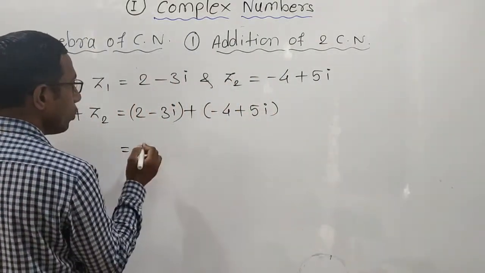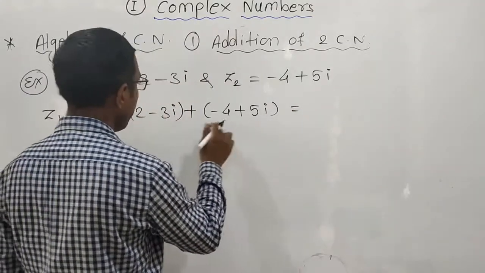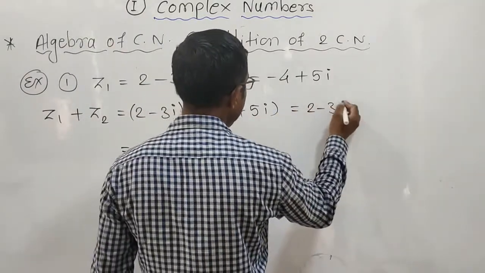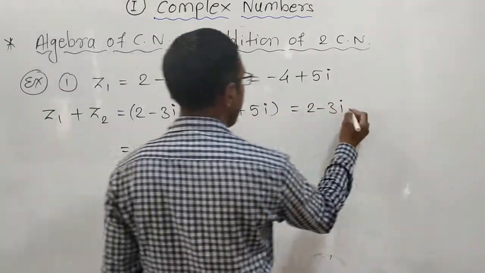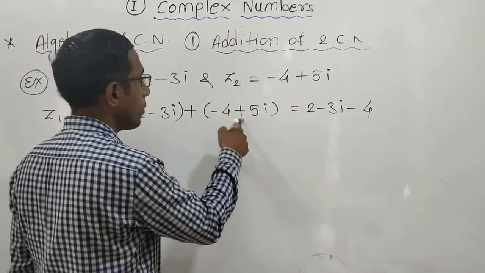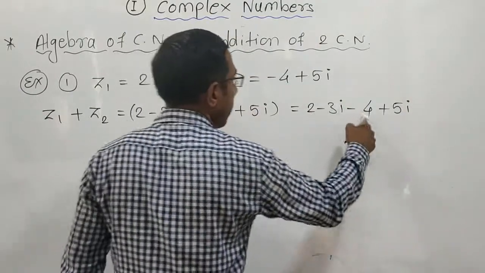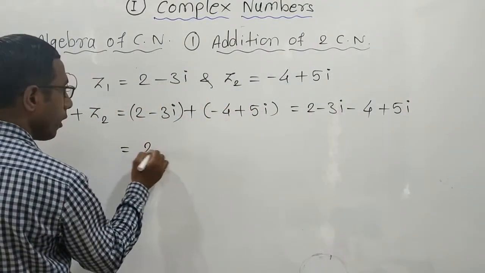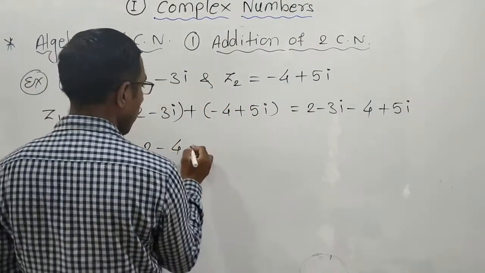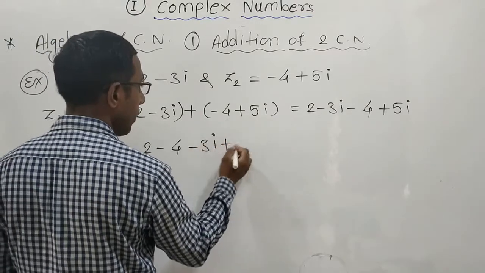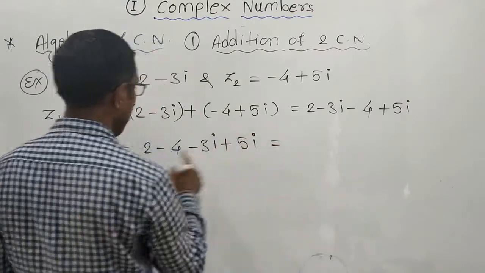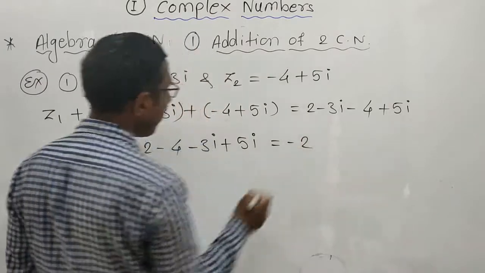Now solve this bracket: 2 minus 3i, plus of minus is minus, plus of plus is plus, 5i, 2 minus 4. Now collect real with real and imaginary with imaginary. 2 minus 4 is minus 2.